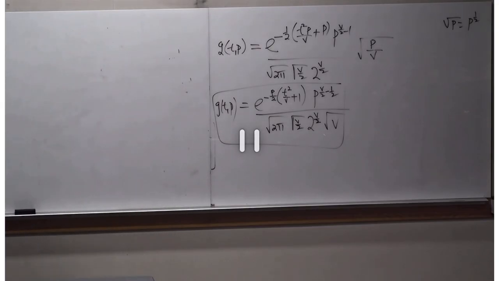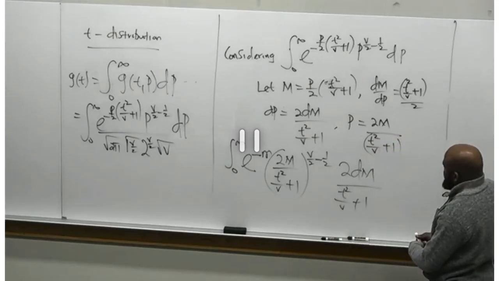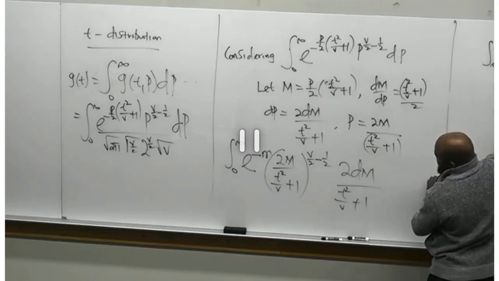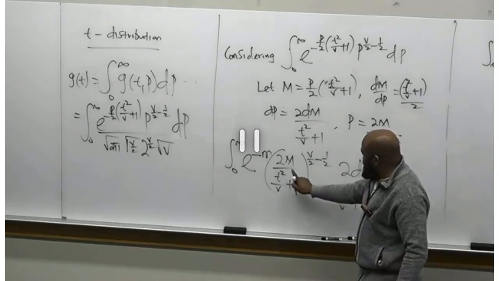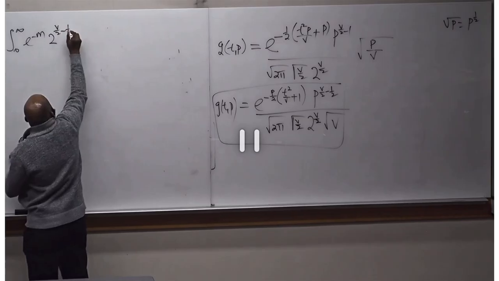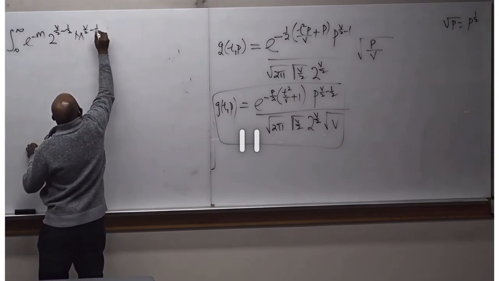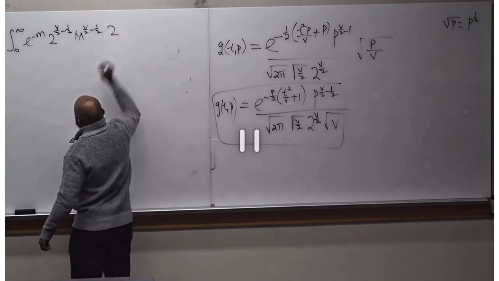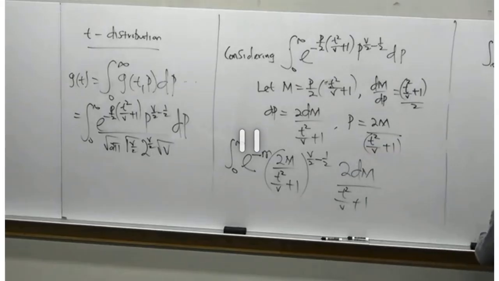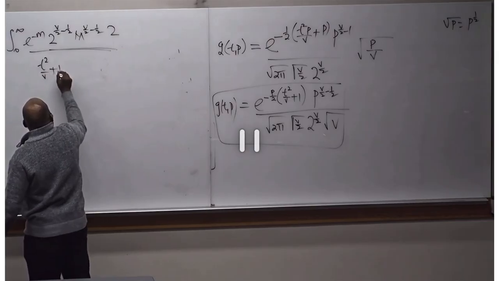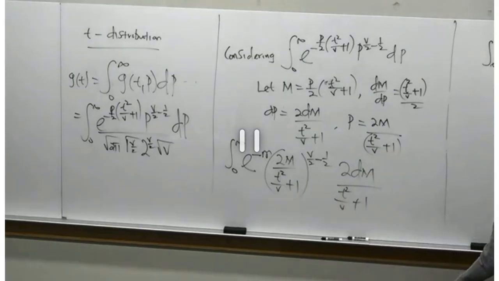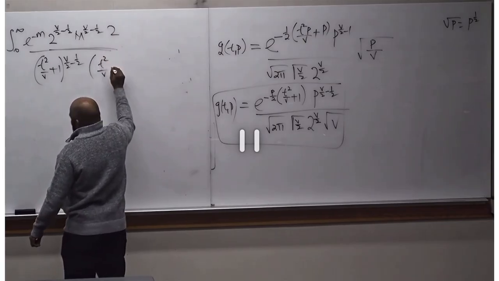We're here now, right? Now, I want to simplify this. If I want to simplify this, I'm going to have from 0 to infinity, e raised to the power minus M, 2 raised to the power V over 2 minus half, M raised to the power V over 2 minus half, then 2, divided by t squared over V plus 1 raised to the power V over 2 minus half, then t squared over V plus 1.